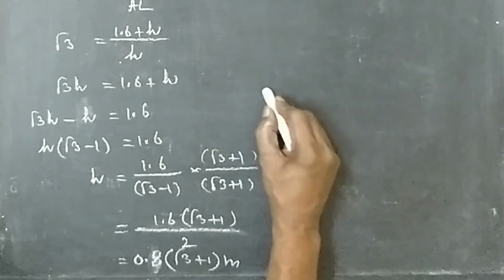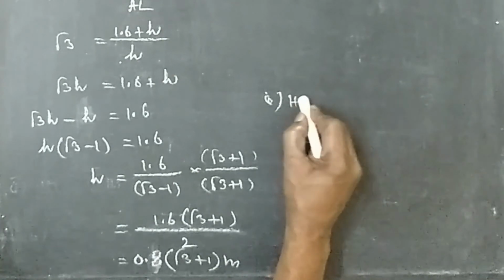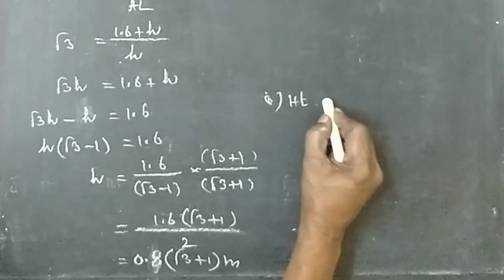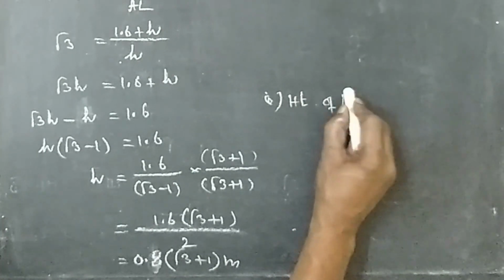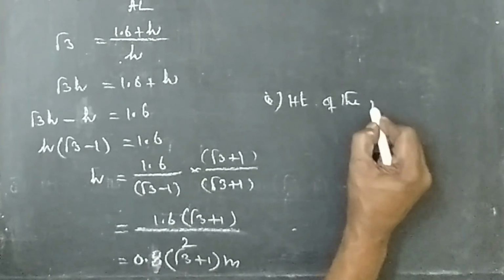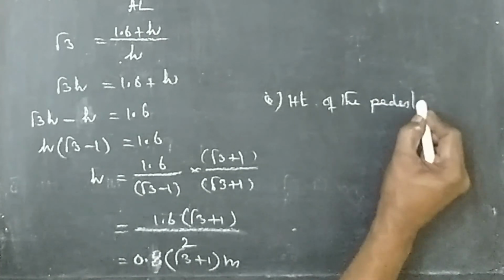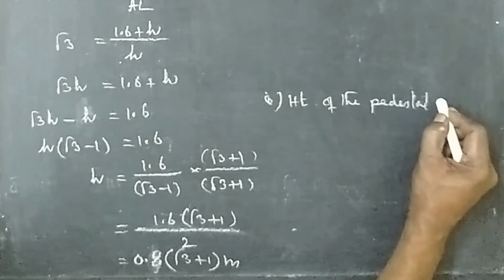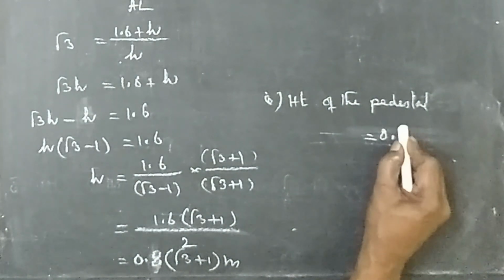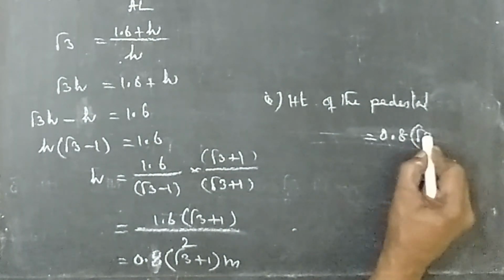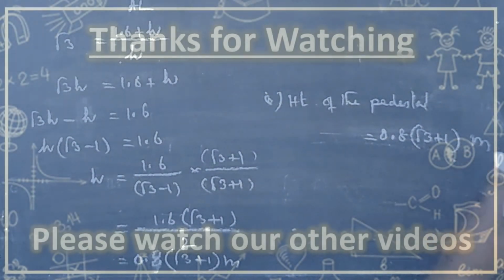That is, the height of the pedestal is equal to 0.8 into root 3 plus 1 meter.